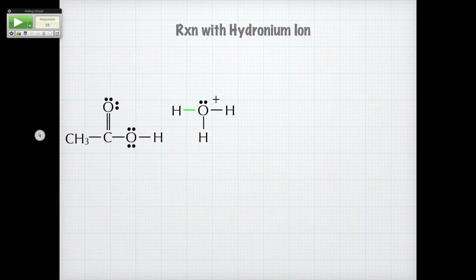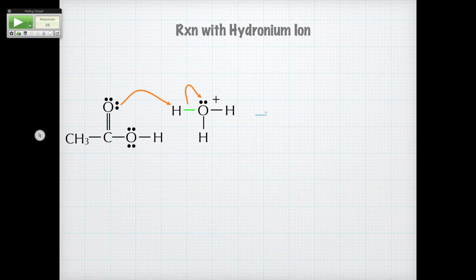So what we're going to do is one of the lone pairs on that O is going to reach out and grab a proton from the hydronium ion, and what happens to the electrons in that OH bond? They go to the O. So don't forget to follow through, otherwise your ball doesn't make it over the net. Your electrons don't make it over the net.